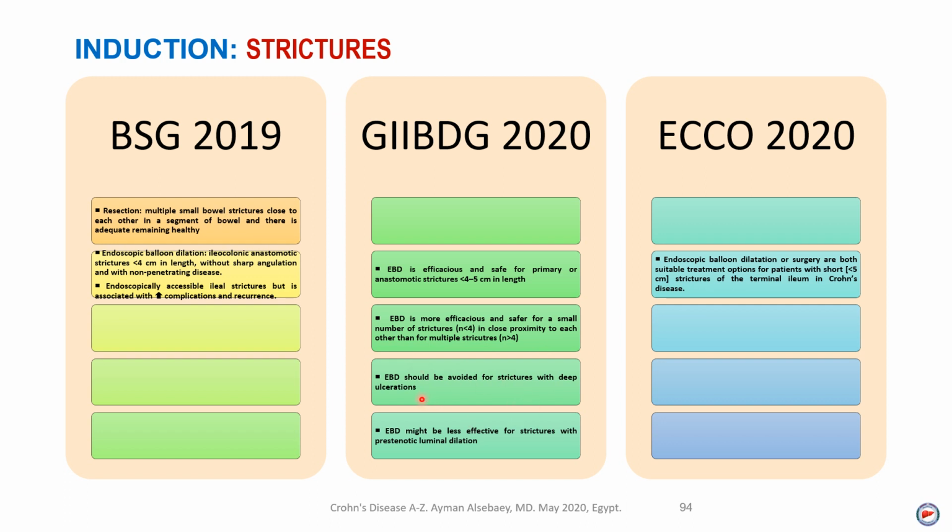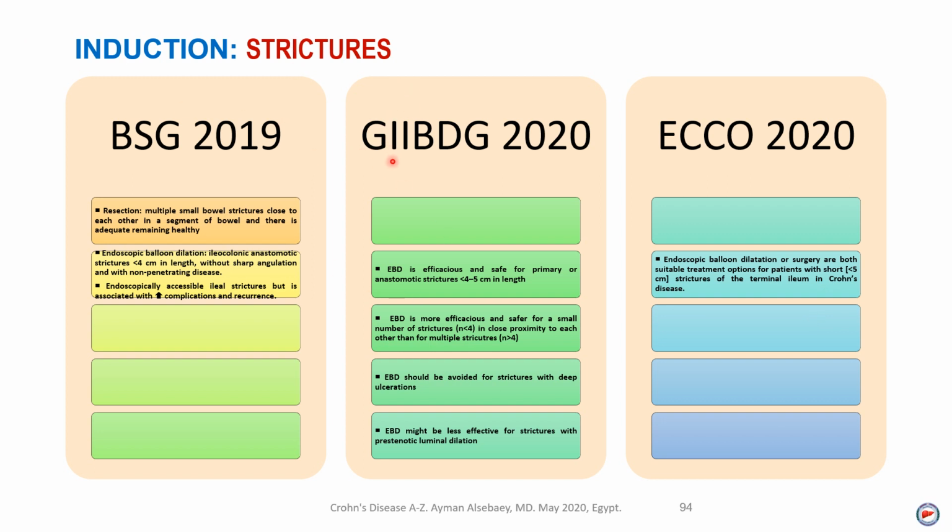Avoid if there is deep ulceration, and if there is dilatation after the stricture, avoid balloon dilatation. ECCO said that endoscopic balloon dilation or surgery are both suitable treatment options for short strictures of the terminal ileum.